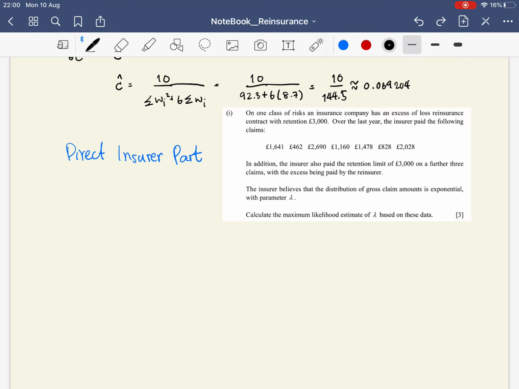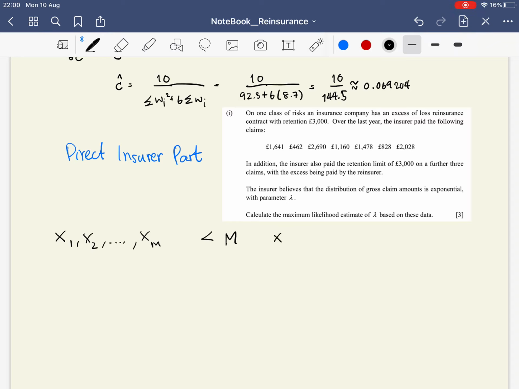So let's say we have a claim of x. We have x1, x2, and so on up to xm claims, and this m claim is less than the retention limit.